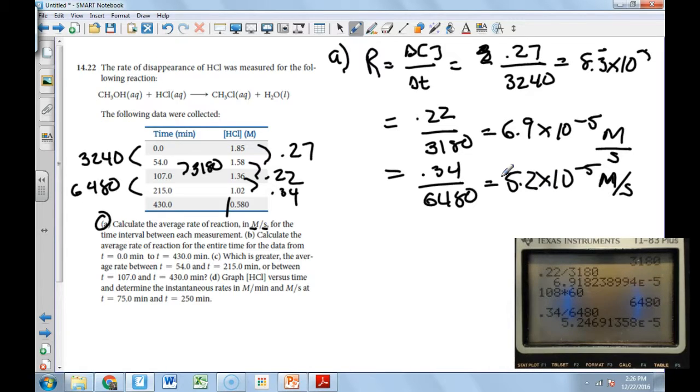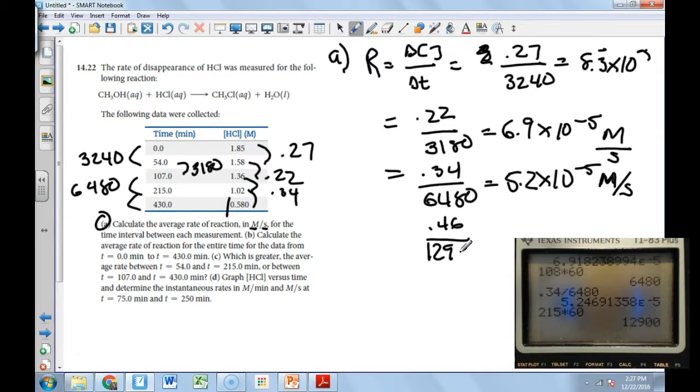Now, the last one here is 215 minutes times 60, which gives us 12,900 seconds, and the change there is 0.46. So the concentration has changed more, but it's done so over a longer time.